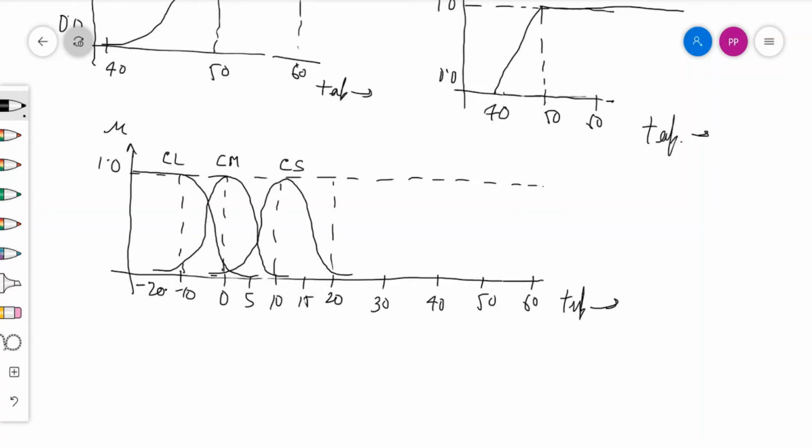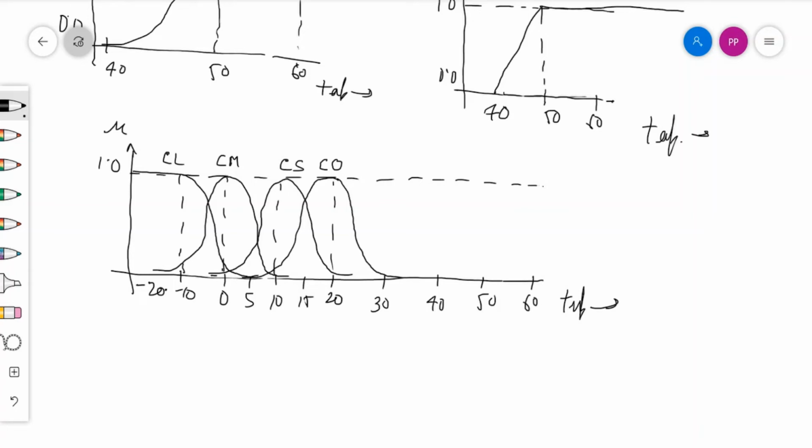From 5 to 15 it will peak, then after 15 degrees Celsius it will fall down up to 30 like this. So here you have the comfort zone basically.